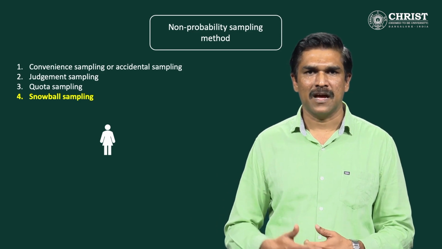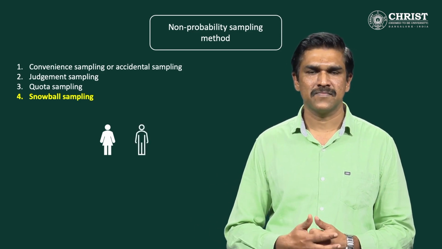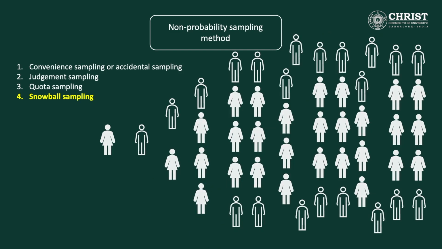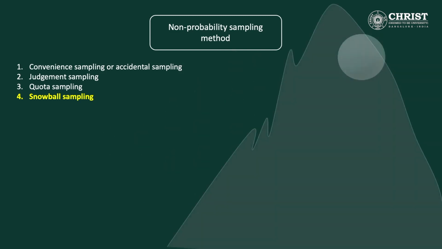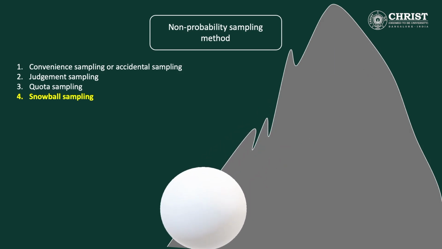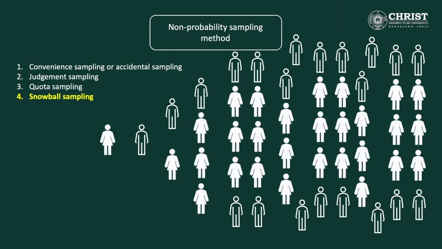Through this person, I will find another person, and then another, and then another, and so on. When a snowball rolls over the snow from the top of a snow mountain, its size increases. Likewise, when we move from participant to participant, the sample size increases.